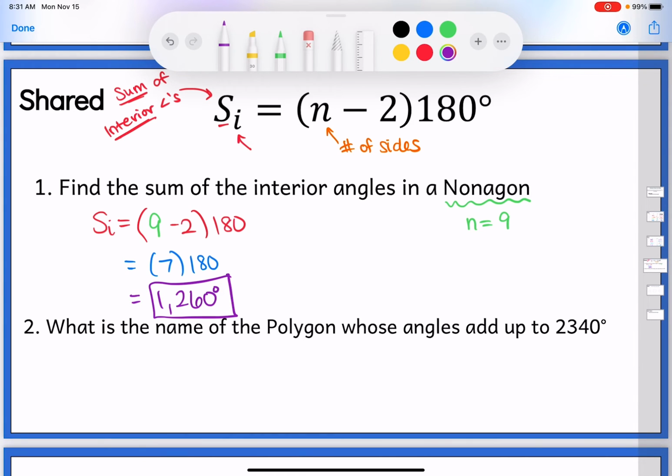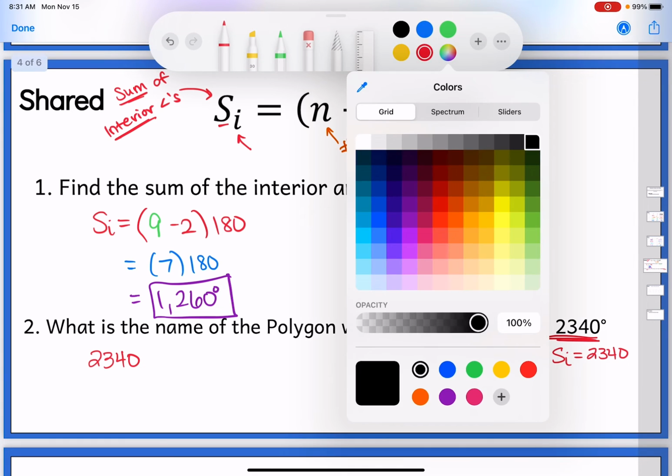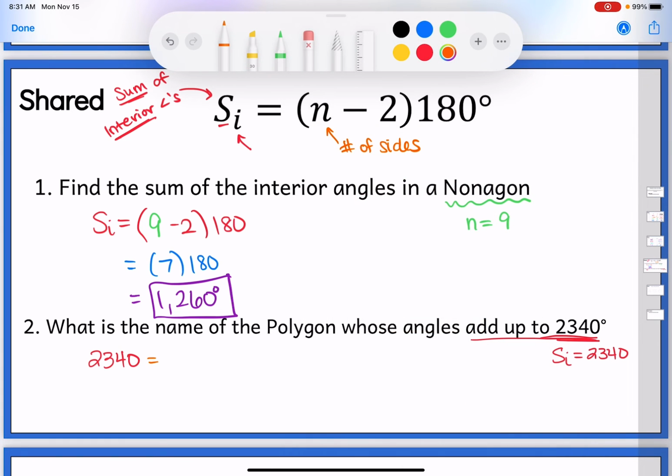So in this case, the angles add up to 2340, so this is telling me that S I equals 2340. Same formula, but instead of saying S I, I'm going to have 2340 equals n minus 2 times 180.